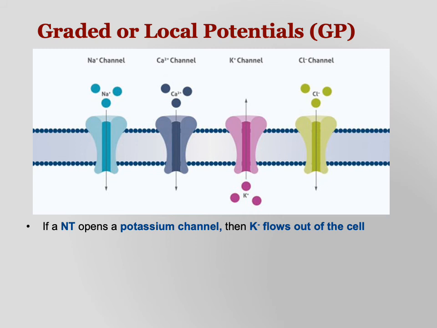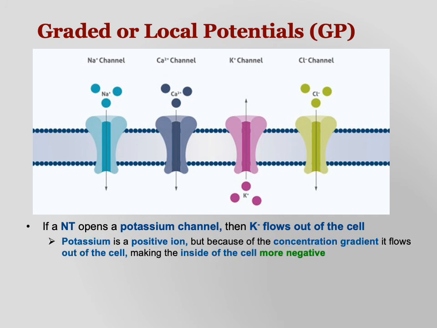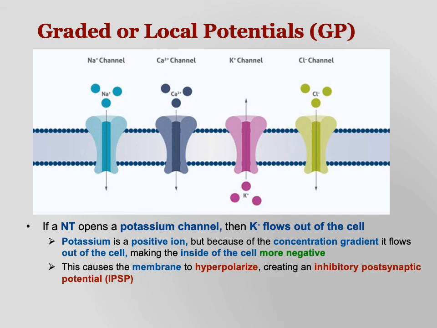Therefore, the inside of the membrane is going to become less positive, which is the same as saying it's going to become more negative. Okay? So, that's what's going on here. Therefore, potassium channels create hyperpolarizations. Okay? So, that's an IPSP, which makes it less likely to reach threshold.